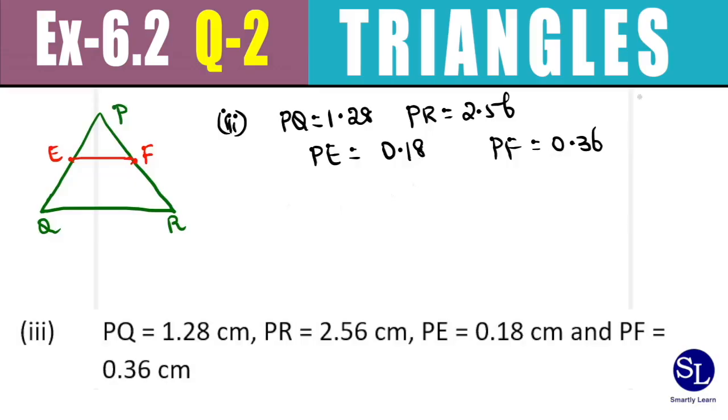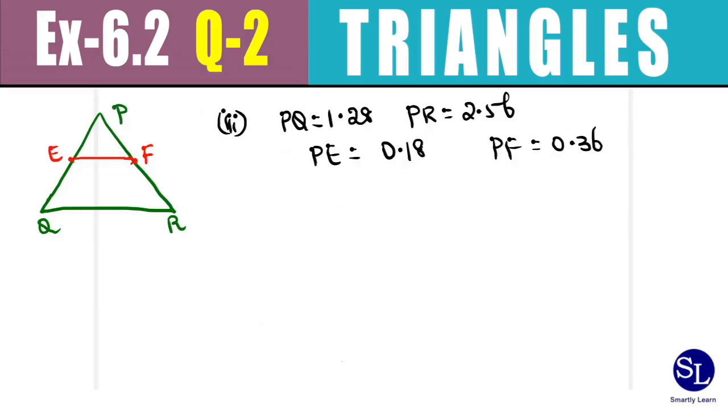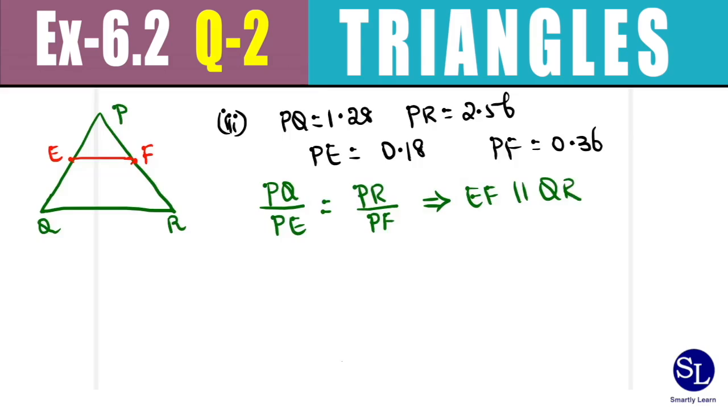In the previous cases, we were checking PE by EQ and PF by FR. According to BPT, we can also check that if PQ by PE is equal to PR divided by PF, then this will also imply EF is parallel to QR. So now let's start testing with our given values.